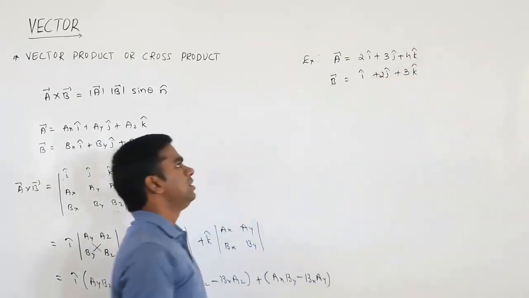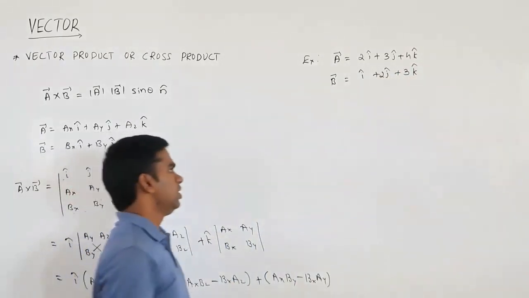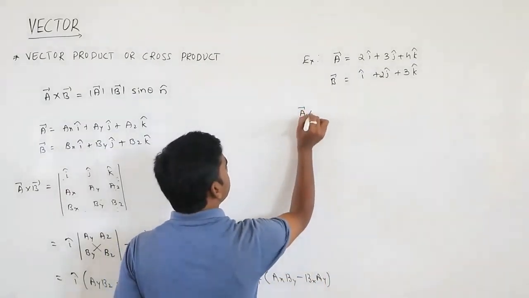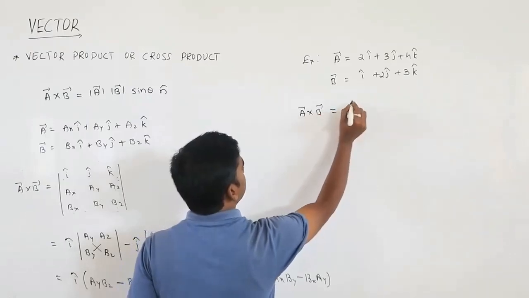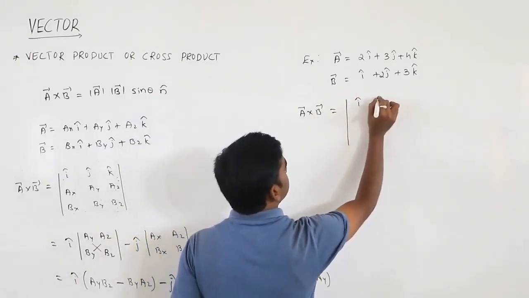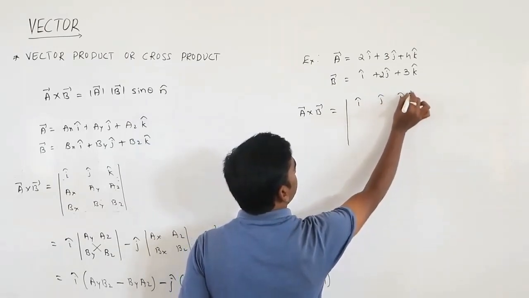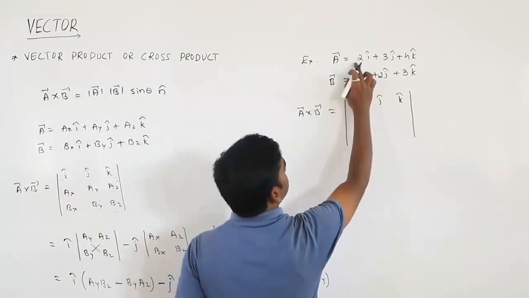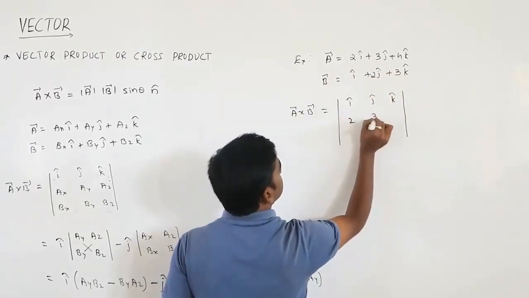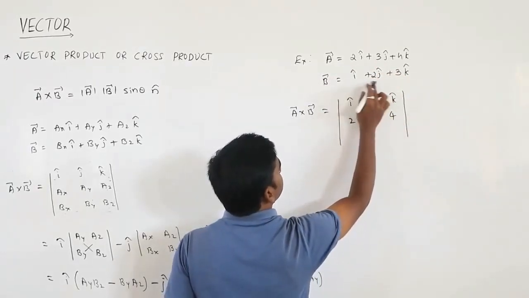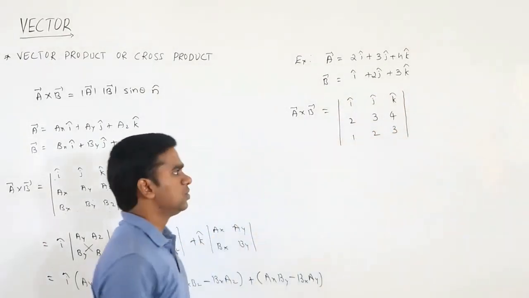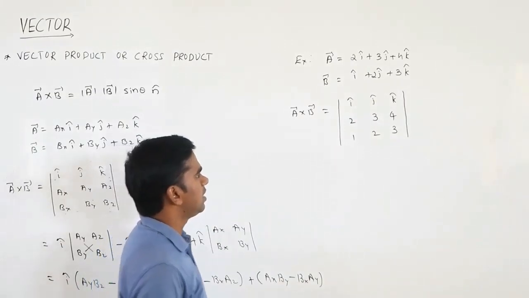If these two are the simple vectors, how can we get A cross B? Vector A cross vector B equals the determinant: i cap, j cap, k cap. Here the A components will come, that is 2, 3, 4. Next is 1, 2, 3. So this is the determinant.